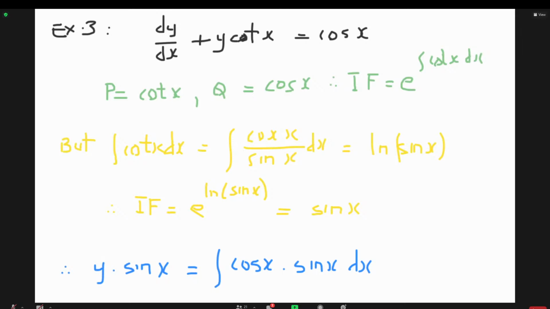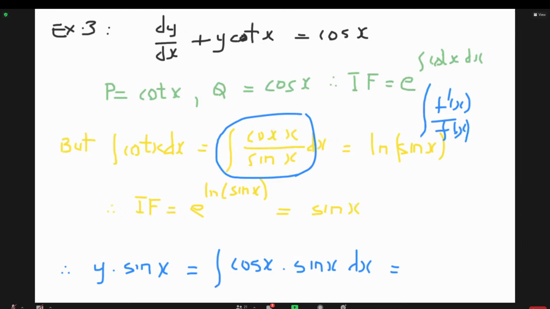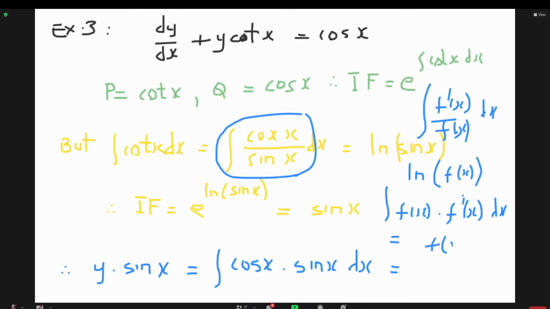And again, this is integration that we can do, remember? Like this, for example, was f dash x over f of x. The integral, when that happens, remember it's ln of the denominator. And when we have it as f of x multiplied by f dash x dx, the answer is always f of x to the n plus 1 over n plus 1.